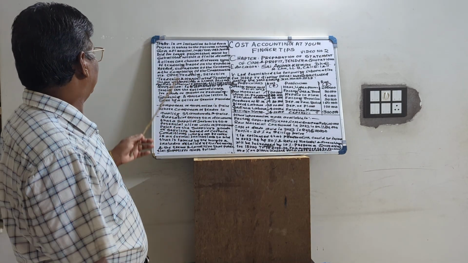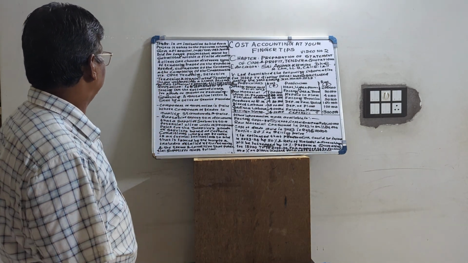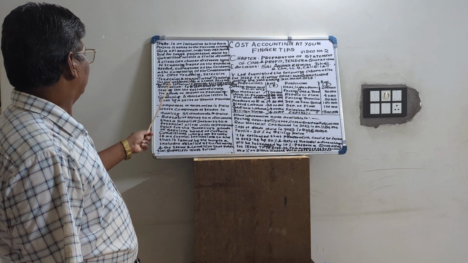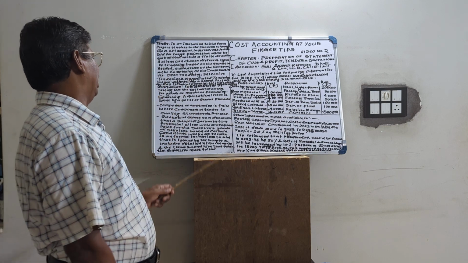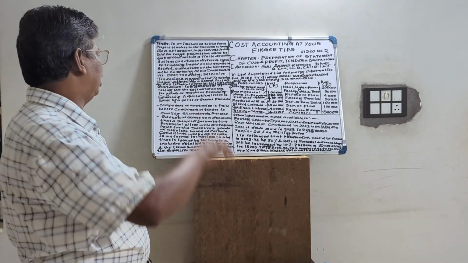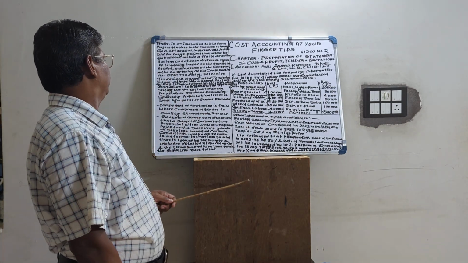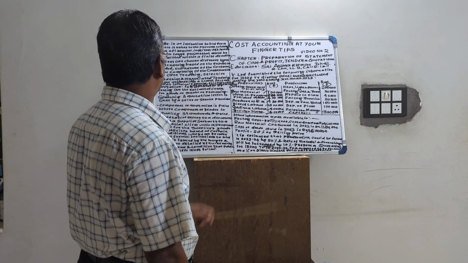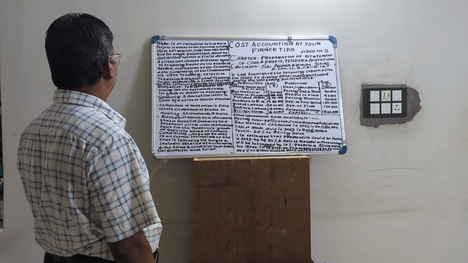Anybody who offers the lowest price for the tender will be selected. That is open tendering. Then selective tendering, they will select some good or reputed contractor. Then negotiated tendering, where it is done on negotiation.